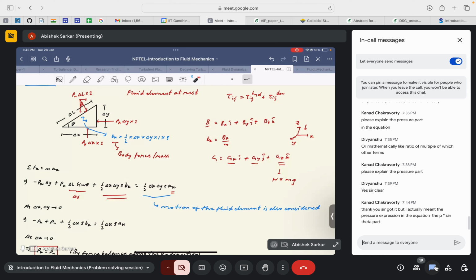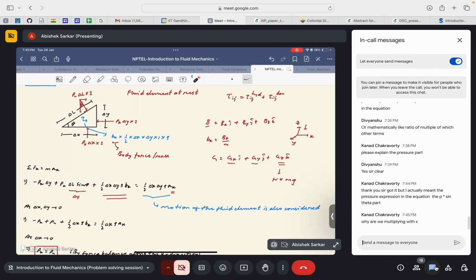But the normal pressure Pn will have a contribution, so it would be Pn into L, and the component of force along the x direction would be Pn into L into 1 into sine theta.